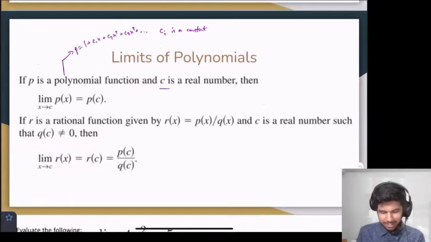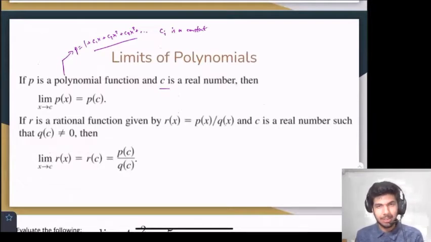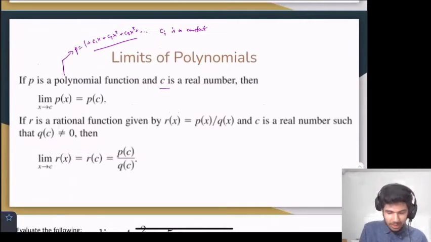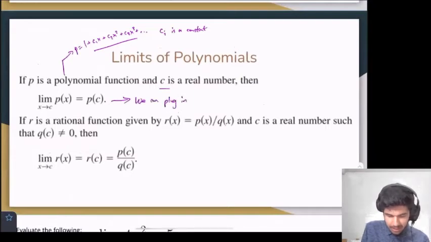Well, I probably shouldn't have chosen the letter c above here, but those c's are different than the c in this definition. But that's just saying the limit as x approaches c of p of x is equal to p of c. So that's just saying we can plug c into our function, and evaluate.